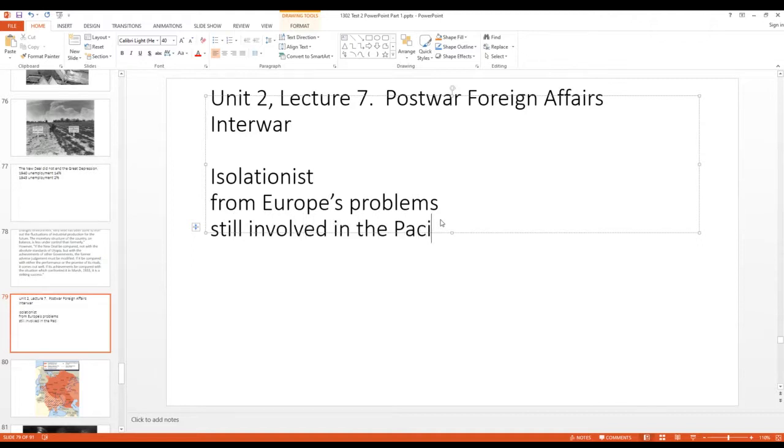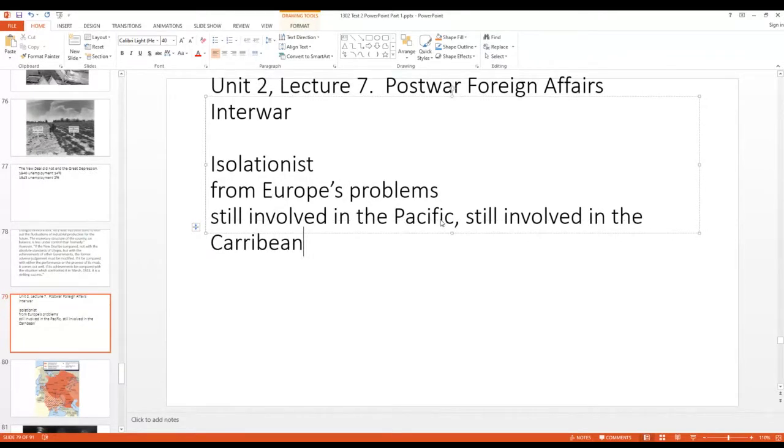We will still be involved in the Pacific because of Japan's growing power. And still involved in the Caribbean and Central America. We're sort of jumping back in time to when the Roosevelt corollary is still in effect.